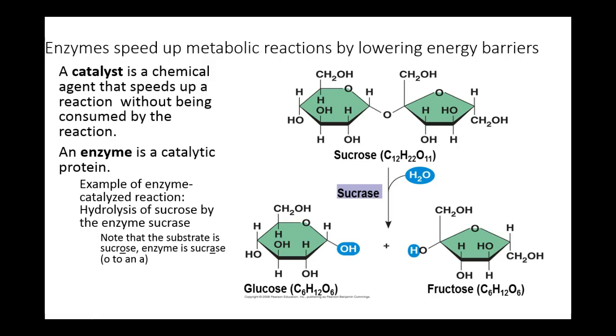So we are actually causing a catabolic reaction. That catabolic reaction then is going to release energy that then can be used elsewhere. And note this, the substrate is sucrose. The enzyme is sucrase. So what you have holds to our idea that enzymes end in ase.